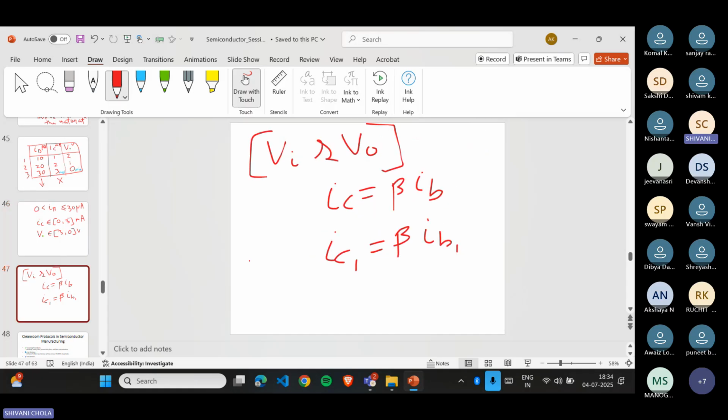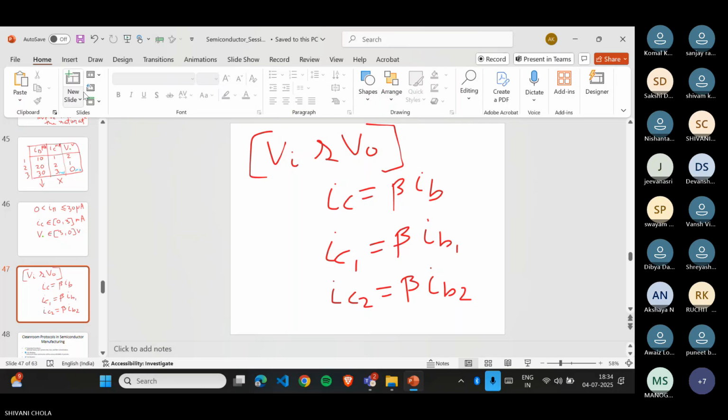Now guys, I can also write it like this. IC2 is equal to beta times IB2. Can I write this? I'm just using a different variable. IB2 can be anything, like 10 microampere or 20 microampere, whatever.